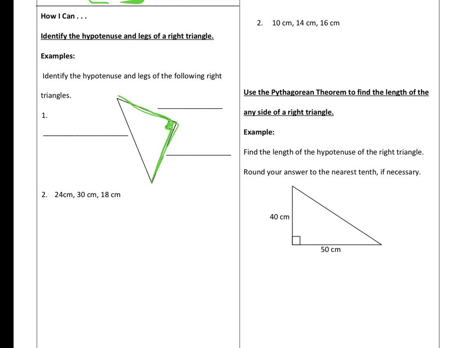So those two sides are the legs. Let's label each one of those legs. And then the third side, this side that does not touch the right angle, is called the hypotenuse.